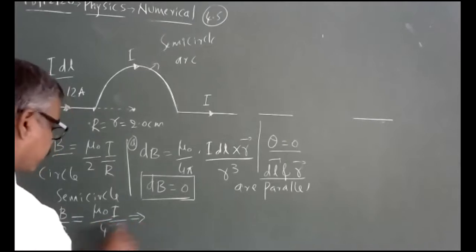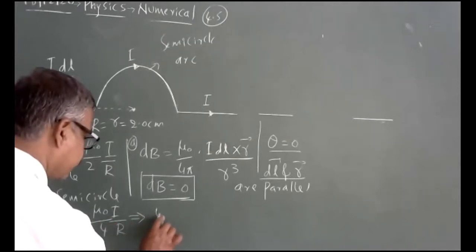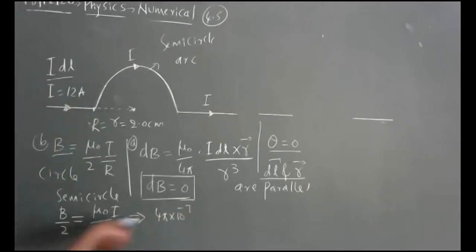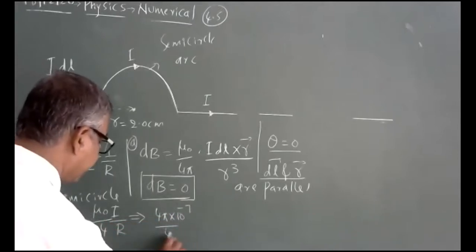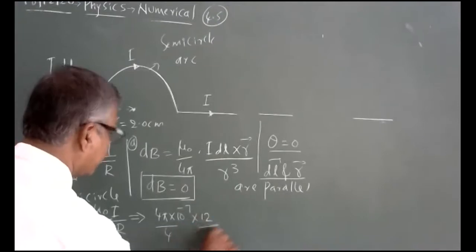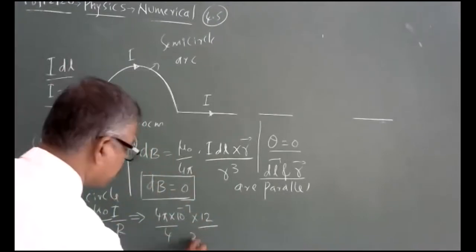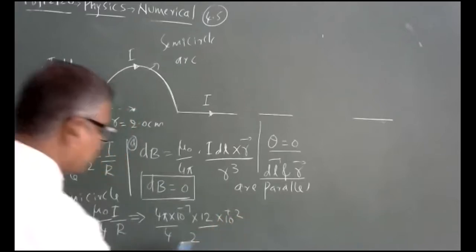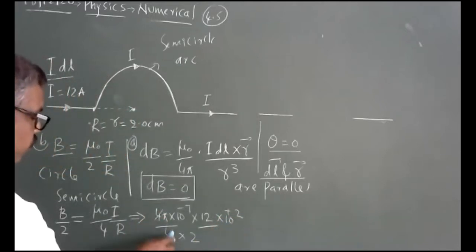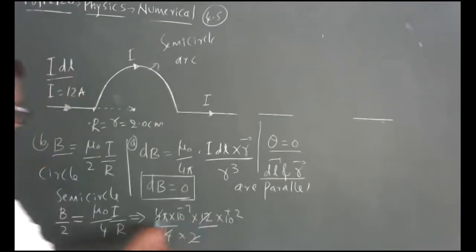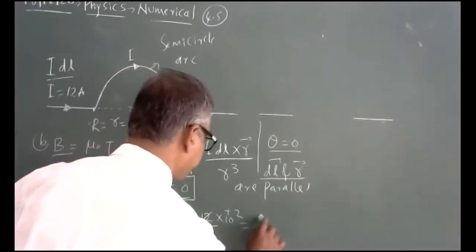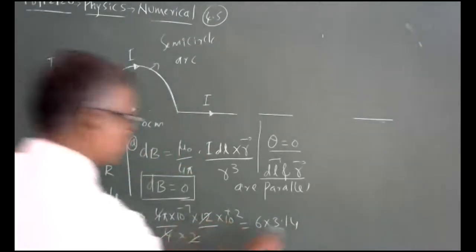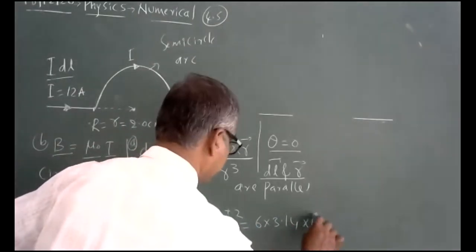Mu 0 upon 4 indicates mu 0 is 4 pi 10 raised to minus 7. Mu 0 is written as 4 pi 10 raised to minus 7, divided by 4. I is 12 ampere. Radius is 2 centimeter, write it as 2 10 raised to minus 2, becomes plus 2. So this is very simple. 4 nullifies, 2 1 ja, 2 6 ja. It is 6 into 3.14. You have minus 7, you have plus 2, it becomes minus 5.